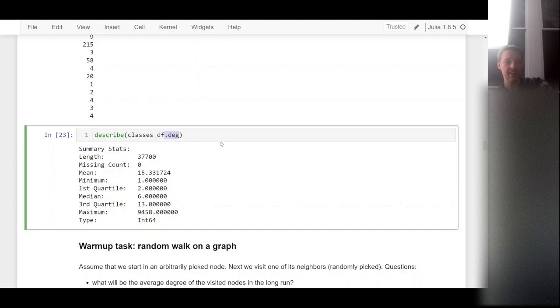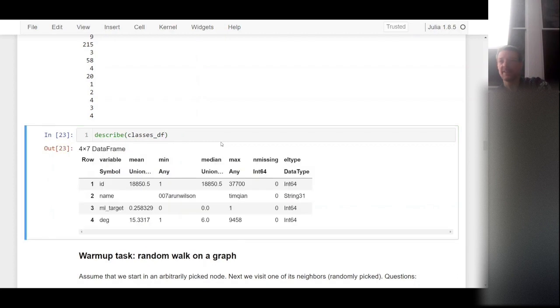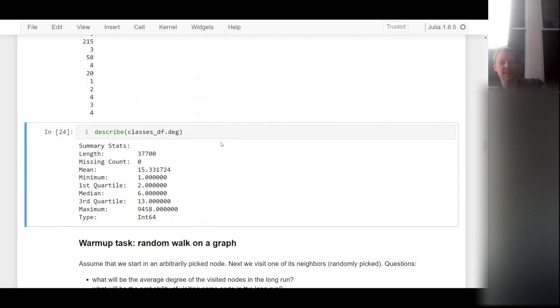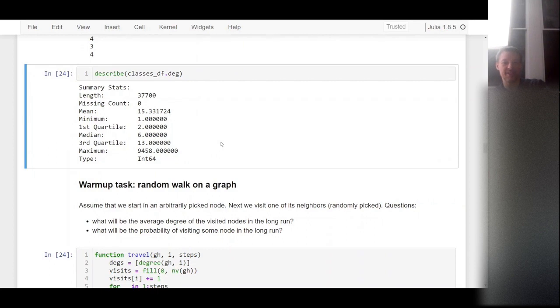As earlier I have shown that you can describe a data frame, in a similar way I can describe a single column and get summary statistics of this column. Indeed, I can see that the minimum degree is 1, the mean degree is around 15, the median degree is 6, and the maximum degree is around 9,500. So indeed there are some developers that are really popular.